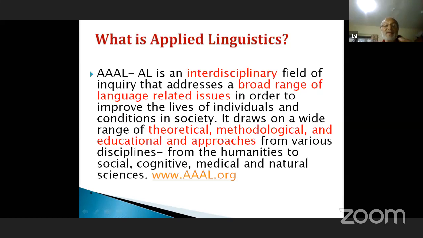And then it is a kind of amalgamation of theoretical, methodological, educational and other approaches to various disciplines, ranging from humanities to social science, cognitive to medical, and natural sciences. And we'll see whether the problems that William Grabe has raised coincide or go in consonance with this definition or not.